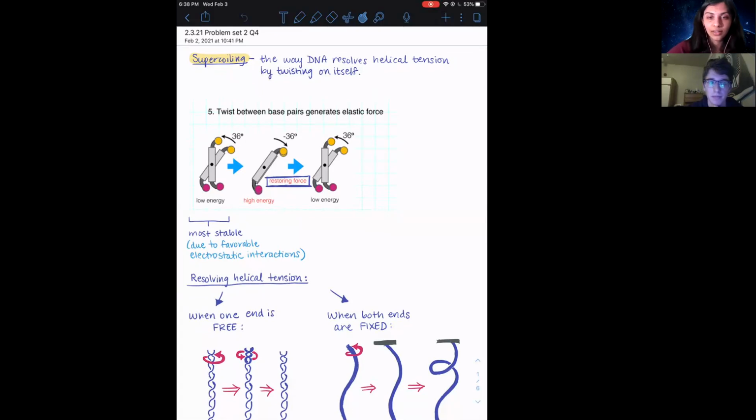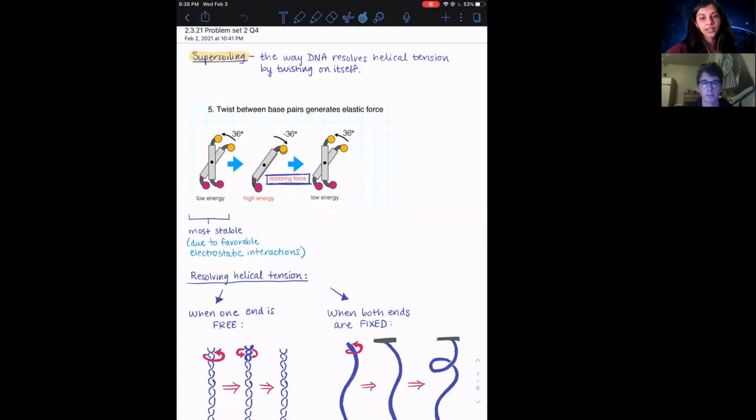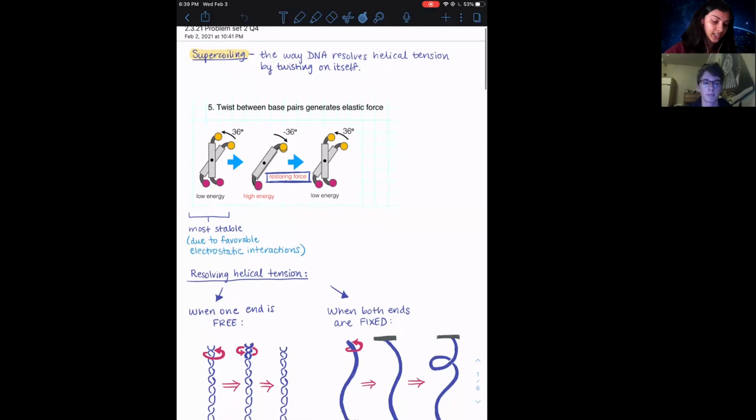Okay, so I will go over question 4. First, really quickly for the sake of time, I am going to review the basic premise behind supercoiling. Supercoiling is basically a way that DNA compensates for any tension that's introduced into it.